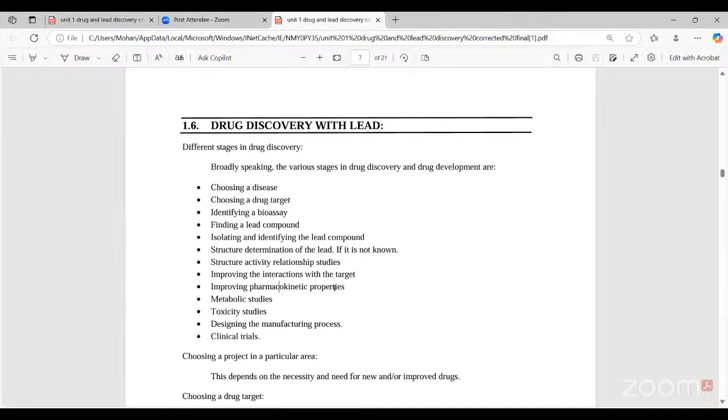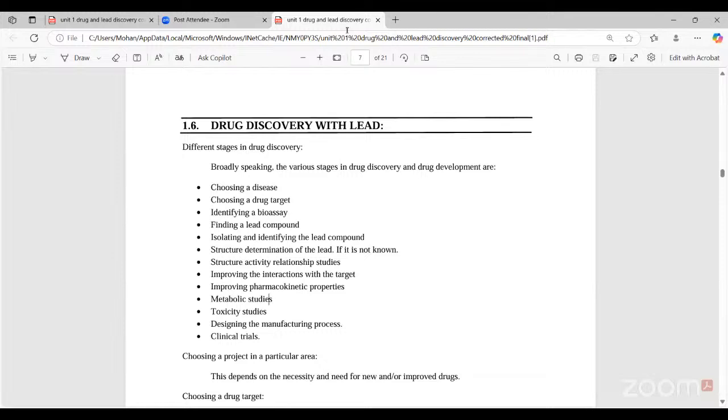Pharmacodynamic studies deal with the interaction and activity of the drug compound, and pharmacokinetics involves the journey of the drug. And next, the metabolic studies like ADME properties, for the drug compound under examination.